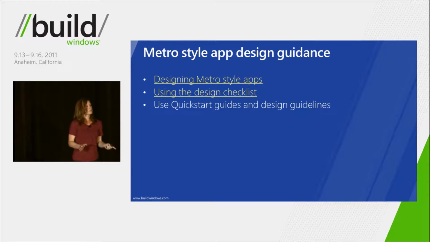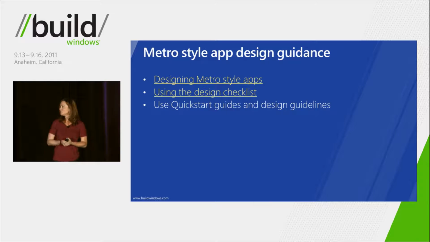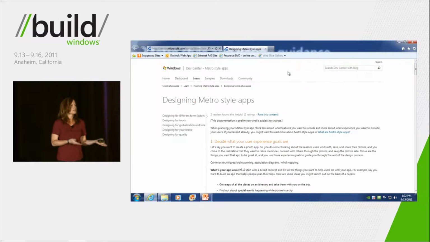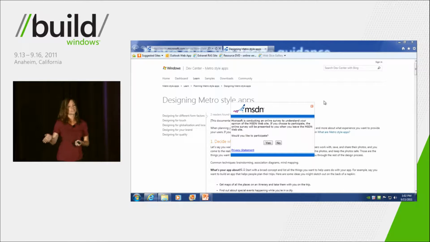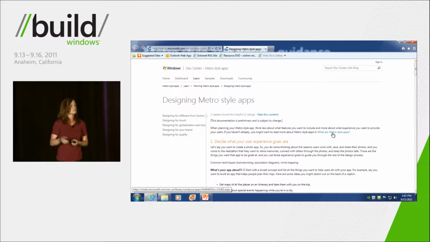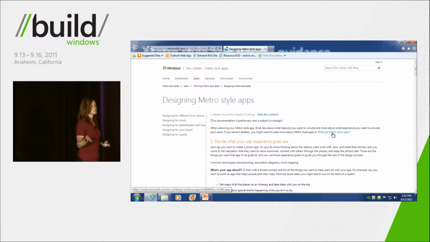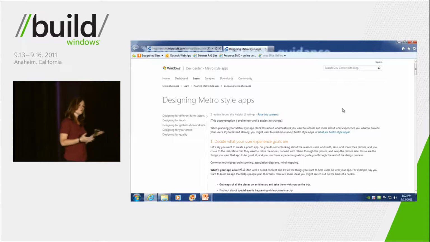Design patterns and guidelines. As we go through the session, a couple of times I'll remind you about the design guidelines. Hopefully you've gone to some of the other sessions that talk about them, and I wanted to show you a couple of links. A couple of people have asked me, where do I get more information on this? In the deck, which will be available online, there are some links. There are some really good resources for understanding the design guidelines and how to apply them to your user experience.